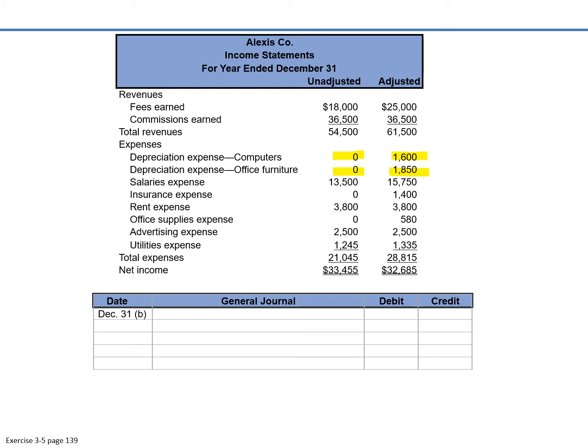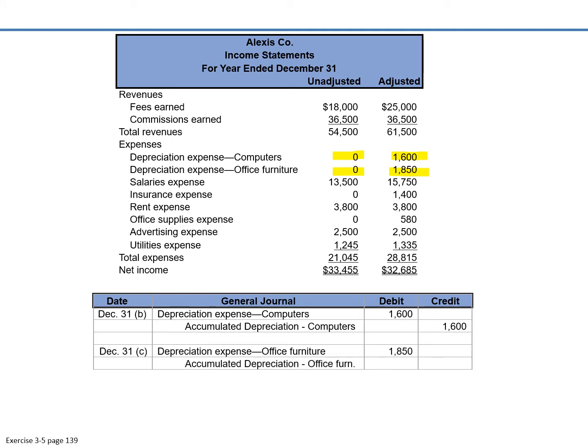To increase depreciation expense for computers, it's an expense, so we increase expenses with debits. We would have debited depreciation expense and credited accumulated depreciation. The same thing would be true with our office furniture: we debited office furniture depreciation expense for $1,850 and credited accumulated depreciation, office furniture, for $1,850. Okay?